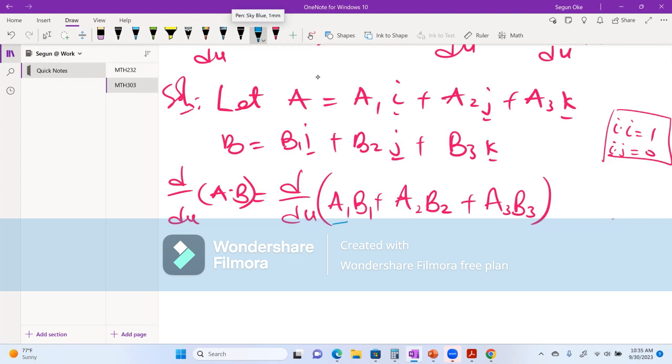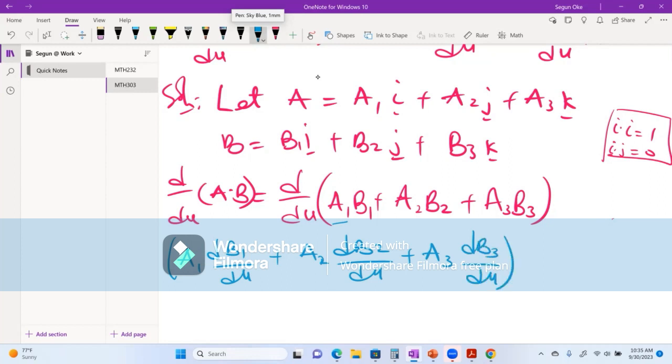I'm going to have A1 dB1/du plus A2 dB2/du plus A3 dB3/du.